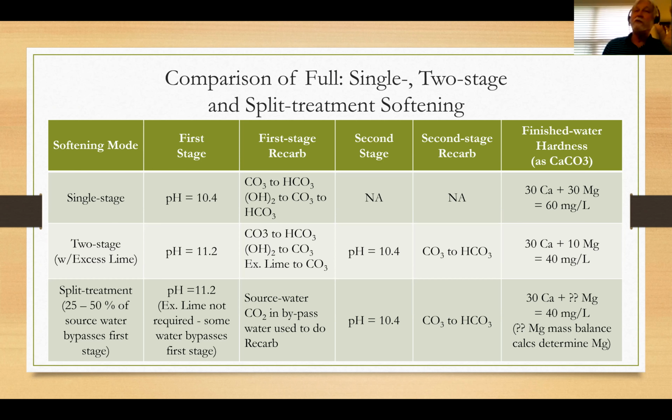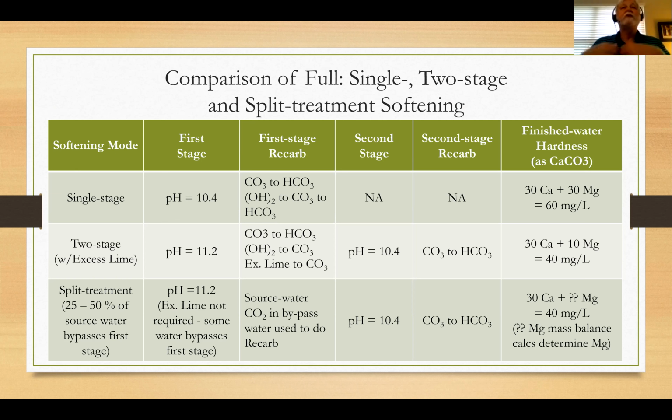Okay, that's about as soft as you ever want to get your water. And most of you don't want to get it there. In fact, I would guess that most of you have a goal of softening somewhere between 100 and 150 milligrams per liter finished water hardness as calcium carbonate. So as you can see, I don't really need to do full softening.